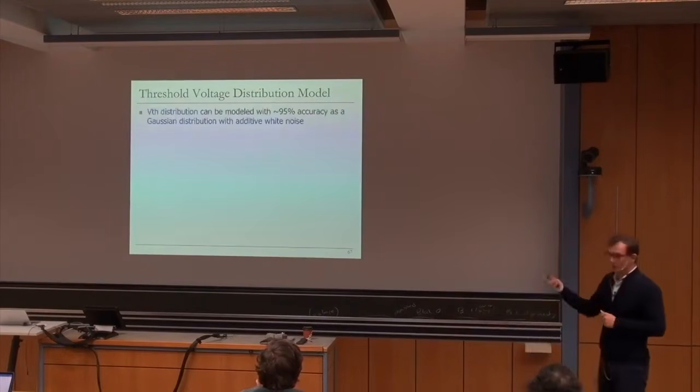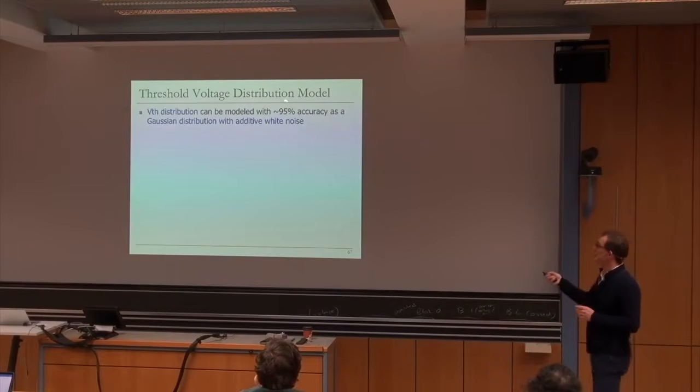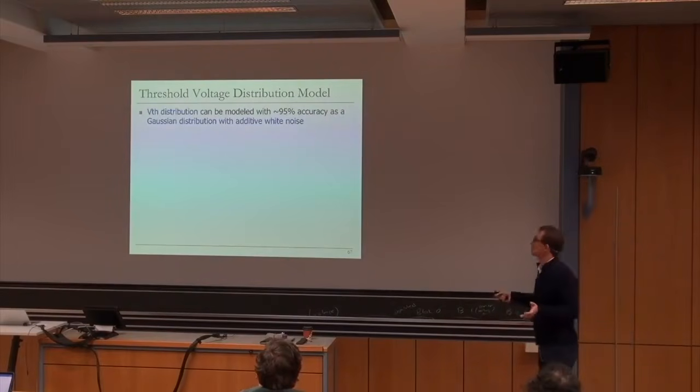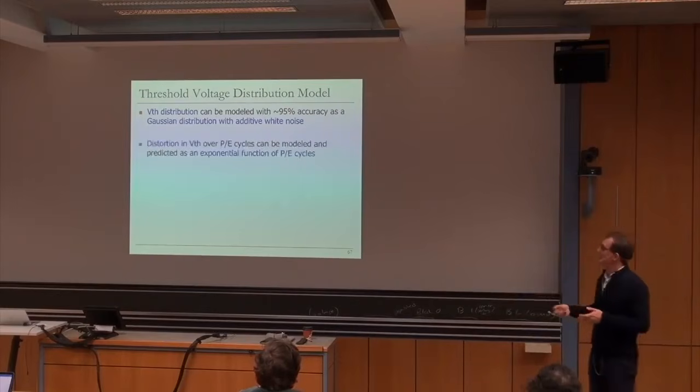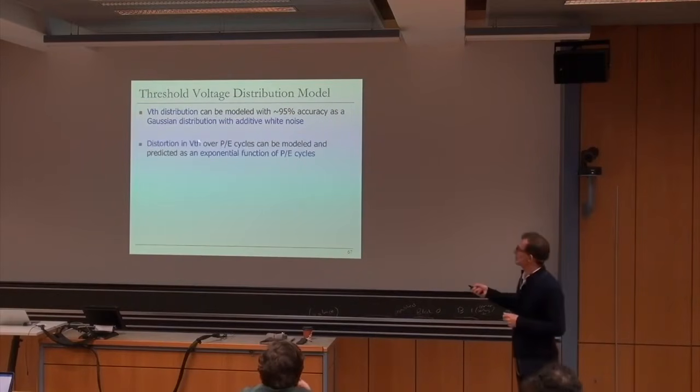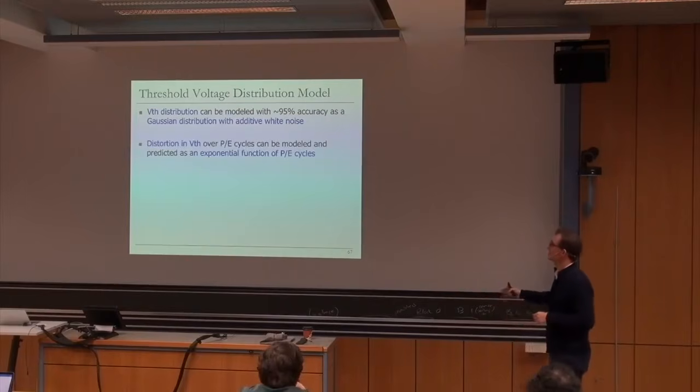So basically, we concluded at that time that the threshold voltage distribution can be modeled with relatively good accuracy as a Gaussian distribution with additive white noise. Basically, you can model the distortion in the threshold voltage distribution over program/erase cycles as an exponential function of the program/erase cycles.